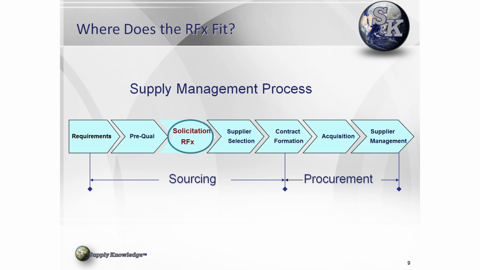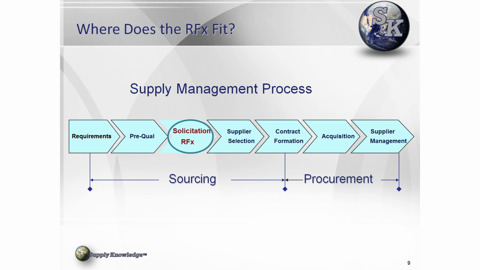If you examine the entire acquisition process, as abbreviated in this chart, you can see just where the solicitation phase fits. The requirements phase establishes and defines the user's needs. Pre-qualification is the market research phase where suppliers are identified and trends in the marketplace are examined.